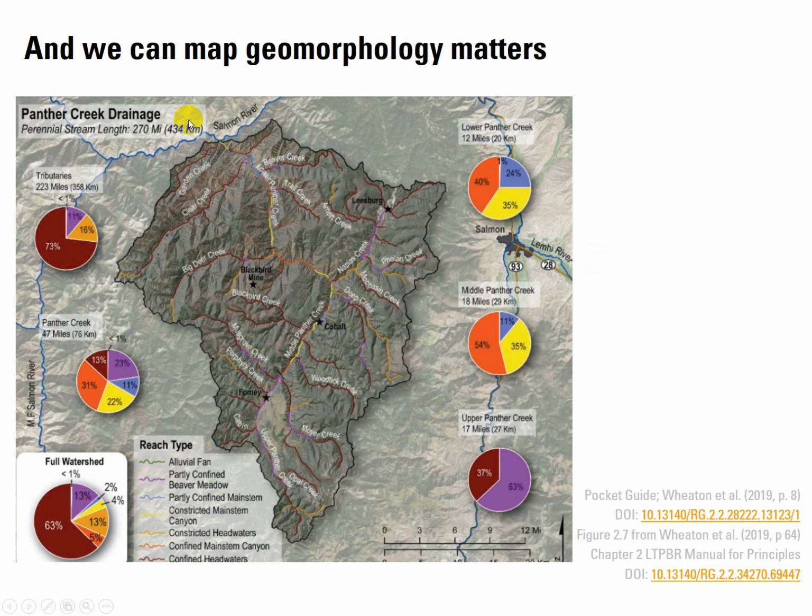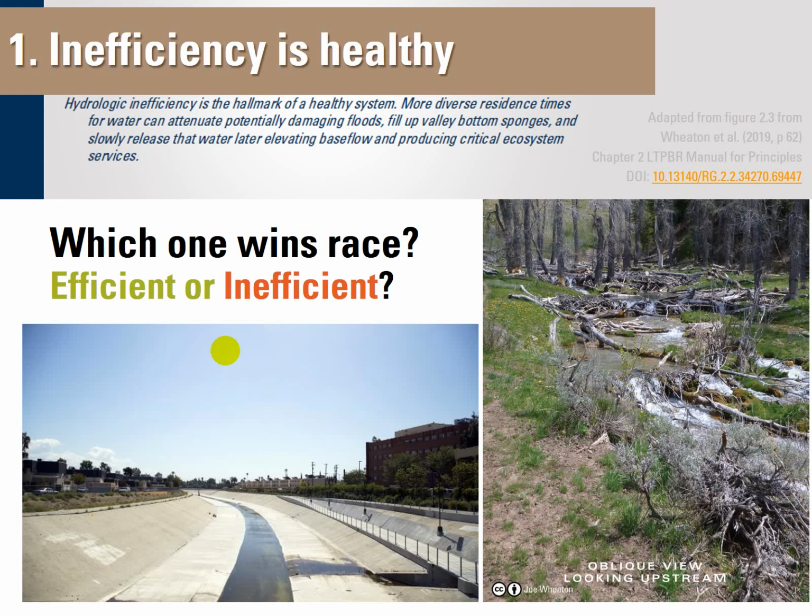And you can get a feel for where this makes sense. If you really want to do a fancy job on this, you can become or hire a geomorphologist, and they'd be happy to show you what it depends on. But we can just leave it at it depends, okay? And that's our cop-out. And then principle number 4, sorry for the mislabel here, is inefficiency is healthy.